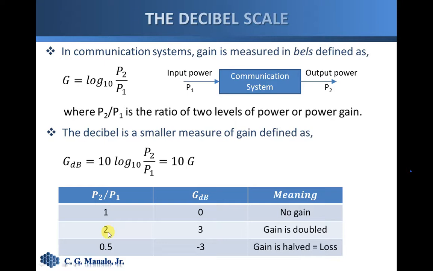Now, if you have a ratio of 2, that means the power output is double the power input. You will have a decibel value of 3, which simply means that the gain has doubled. If you have a ratio that is less than 1, let's say 0.5, you will get a gain of negative 3, which simply means that the output is only half of the input, which is actually a loss.